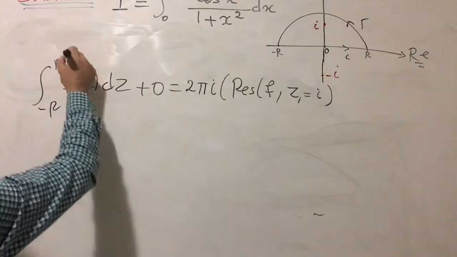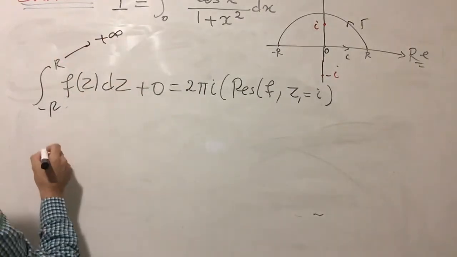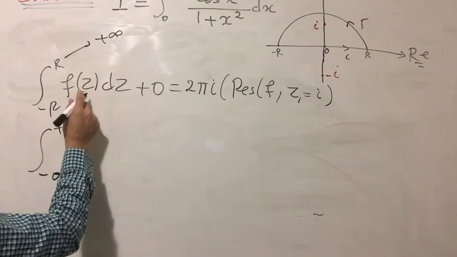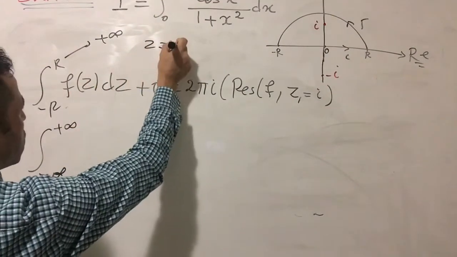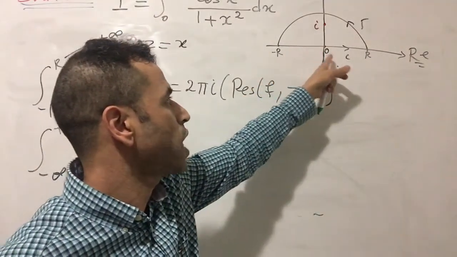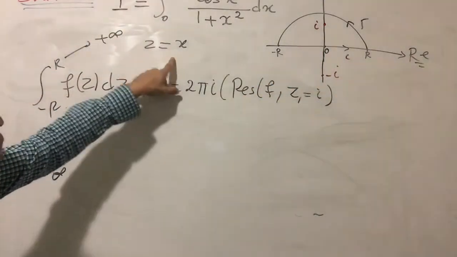As r goes to infinity, we have minus infinity to plus infinity. I'm going to replace z by x because we are working along the x axis. So z equal to x.